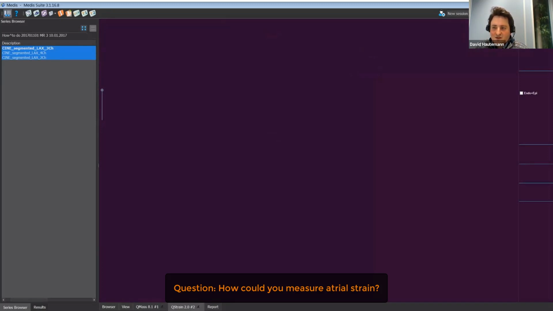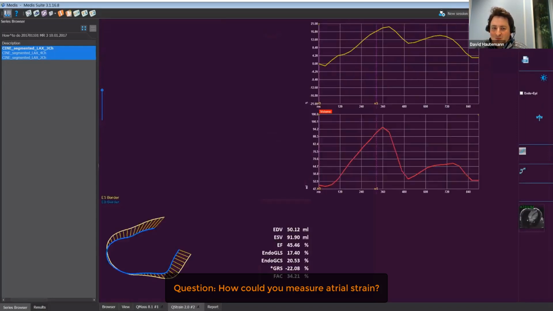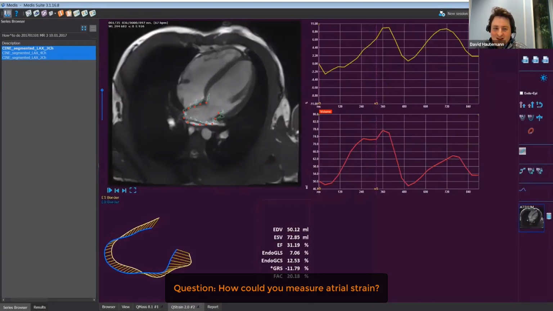And so it's going to be a surprise what Professor Nagel is picking, because we cannot see. But what we see is he loaded in the 4-chamber in this case, and is showing here the strain curve in the 4-chamber view.